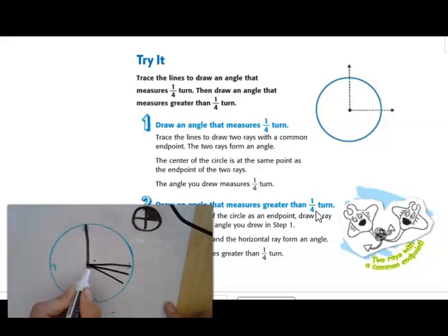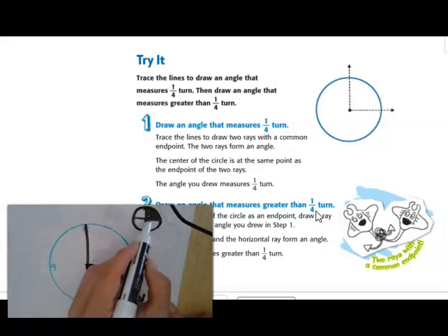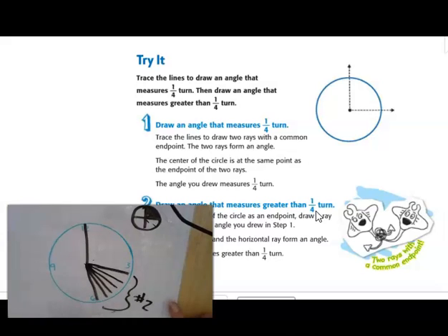So anything between the 3 and the 6 is going to be greater than a quarter turn. So anything here would be appropriate for answering the second question on this page. You can choose one of those lines as long as it doesn't go directly out to where the 3 would be, because it has to be down in this second section of my chart. Hopefully that helps you with that one.